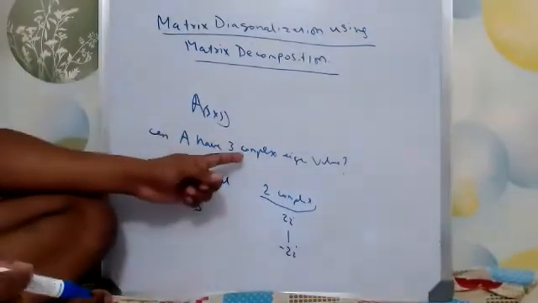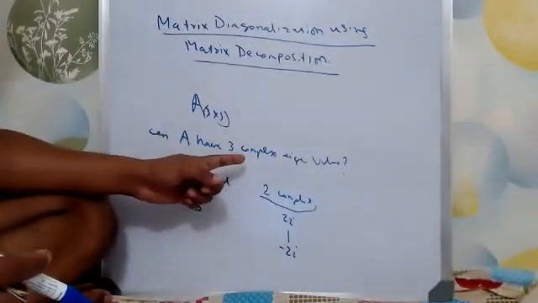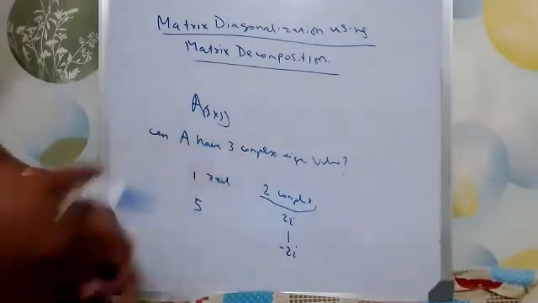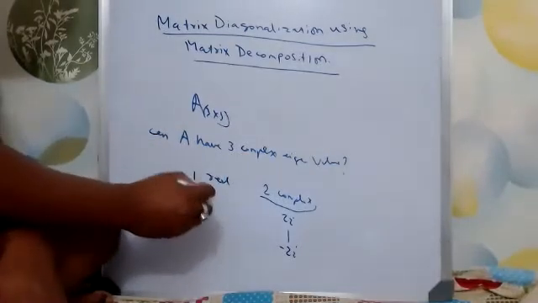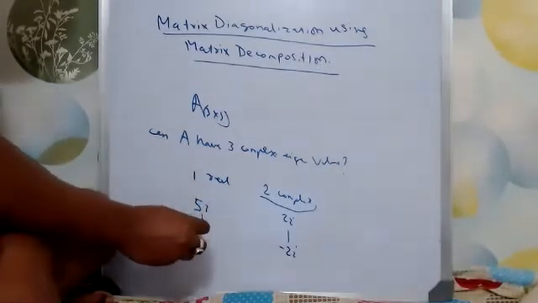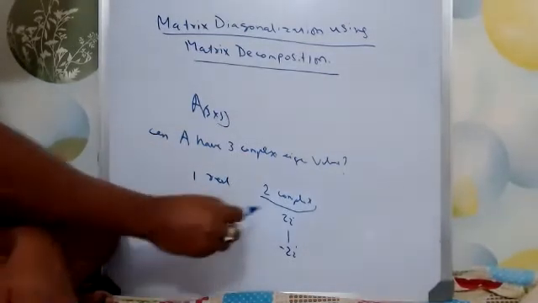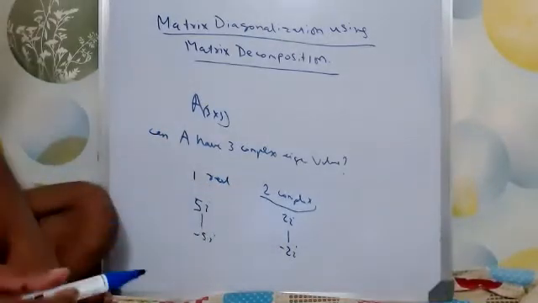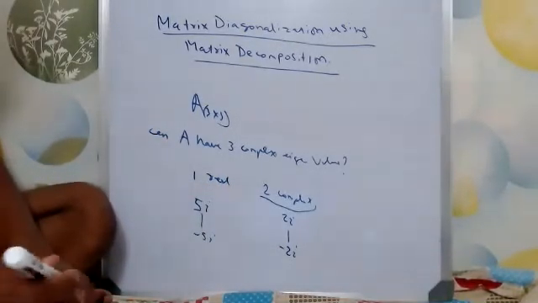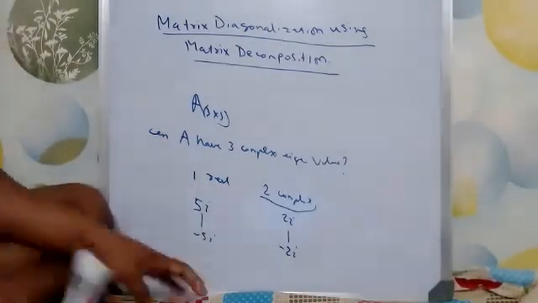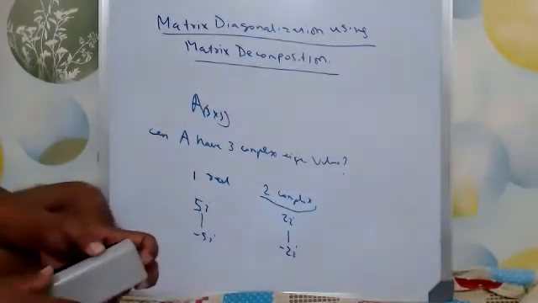So it cannot have all 3 as complex eigenvalues, right? If this one also was complex, say 5i, then there should have been another minus 5i. So it would have become 4 eigenvalues, right? So this matrix will always have one real and 2 complex.